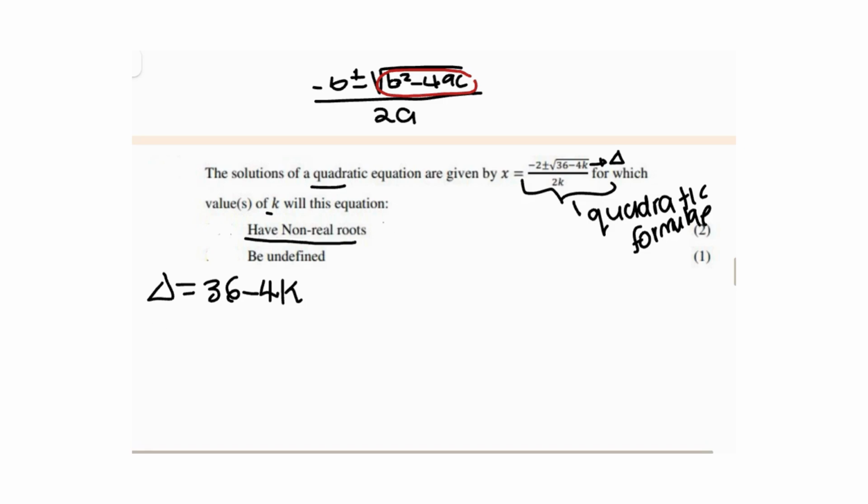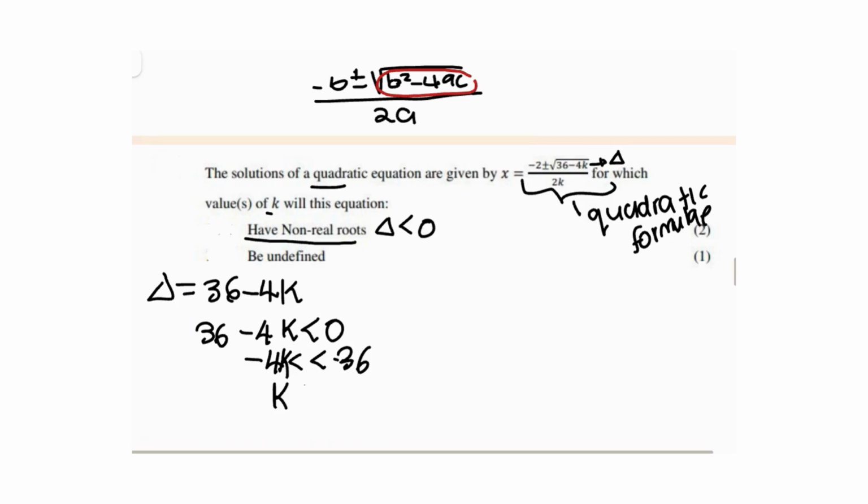Okay, so to have non-real roots, we know delta is less than 0. So we have 36 minus 4k less than 0, so negative 4k is less than negative 36. Now I'm going to divide by negative 4.